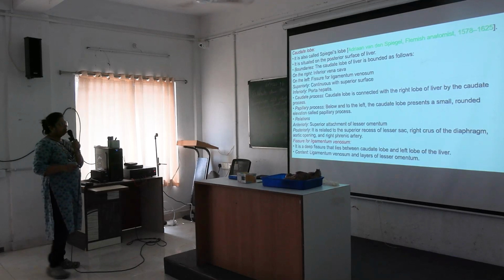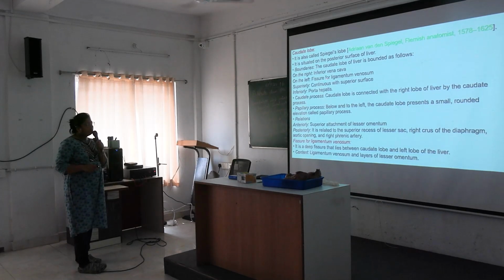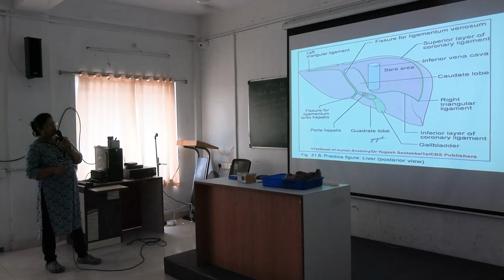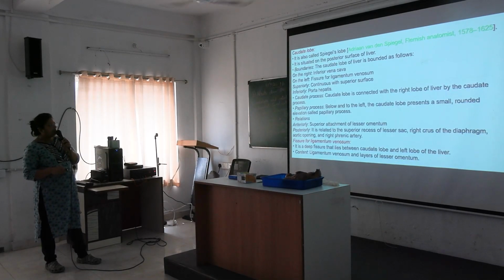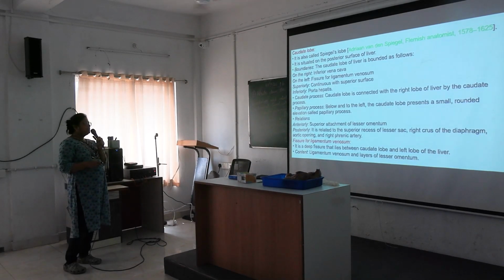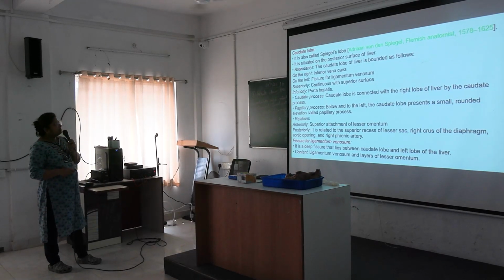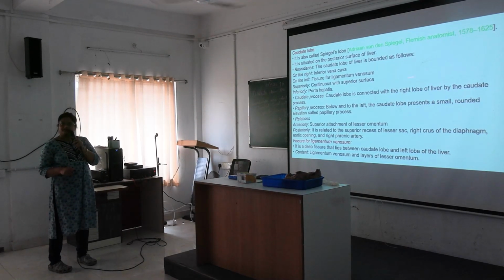These are the boundaries. Bounded on the right side by the inferior vena cava. You can see here, this is caudate lobe, bounded on the right side by inferior vena cava, left side by fissure for ligamentum venosum, superiorly continuous with the superior surface, inferiorly porta hepatis.